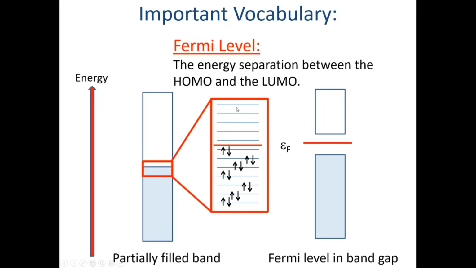So in this continuum of states, we have infinitesimally close states that are empty and infinitesimally close states that are full. Now, in the case of a band gap, the Fermi level, or the gap between the occupied molecular orbital and the unoccupied molecular orbital, will be in the middle of the gap. And this is going to be important for conduction.